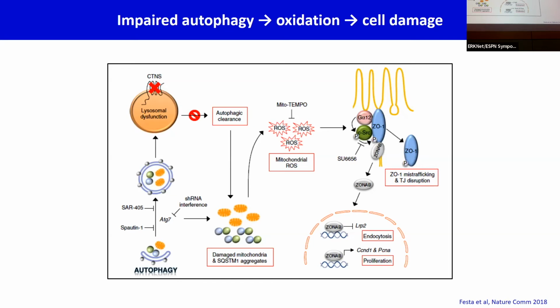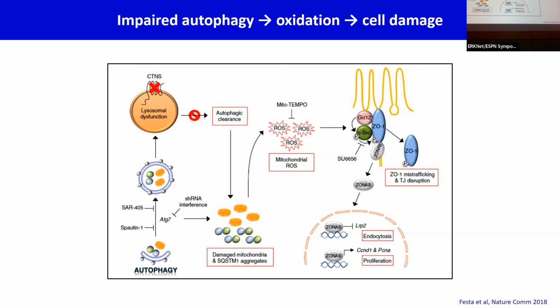And in this very elegant study, what they've shown is that probably impaired autophagy is an upstream event that leaves damaged mitochondria in the cytosol, which are a source of radical oxygen species, which in turn disrupt cell polarity, induce cell death, differentiation, and cause cell damage.